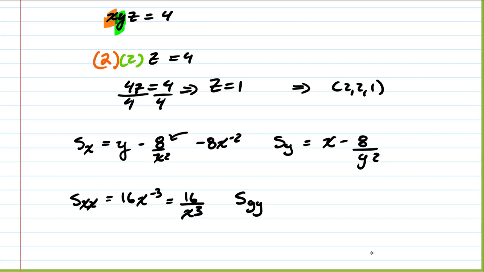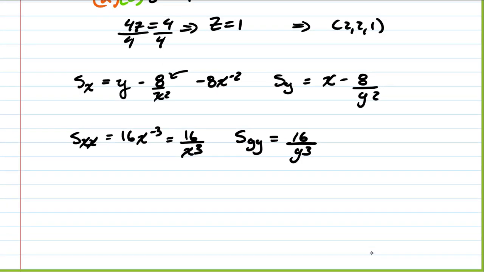S sub yy, same thing with this. We're going to get 16 over y cubed. And then finally, we need our mixed partial. So s sub xy, we're going to get 1. And notice if we did it in the other order, our mixed partials are always equal. So the derivative of s sub x with respect to y is also 1.